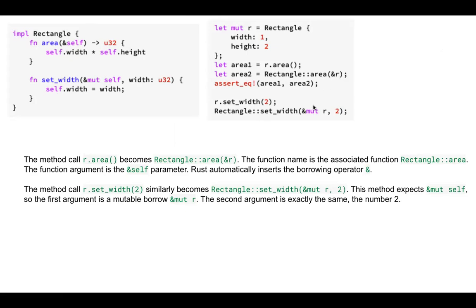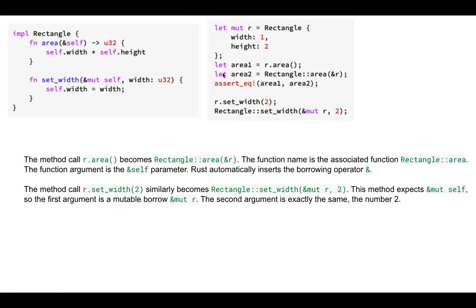You can call it either way. In either case, this is just an assertion that they are equal. So internally, Rust converts this way of invocation, the dot invocation, into this.